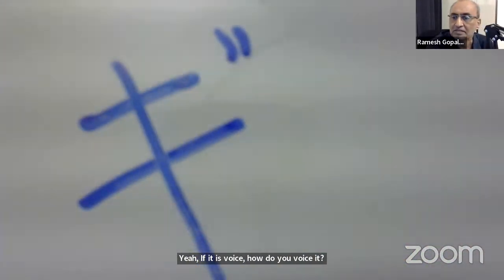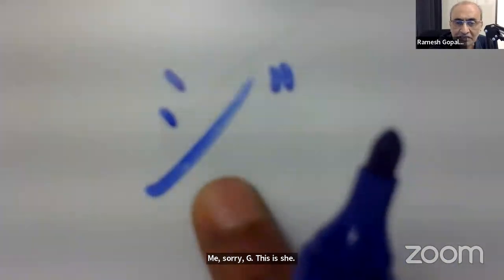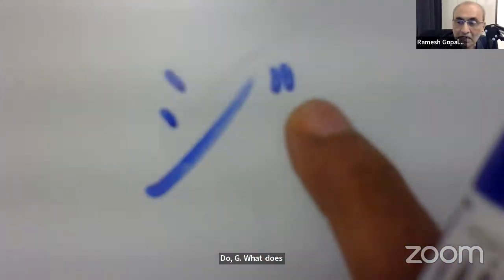Similarly, if it is voiced, how do you voice it? Ki becomes gi, add 2 dots. That's all. This is shi. This is ji. What is this? Shi. Ji. And then ya. This is ya. Ja.